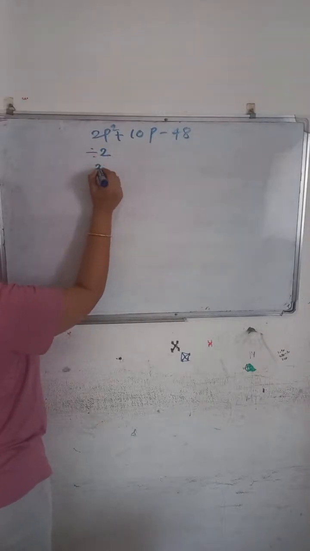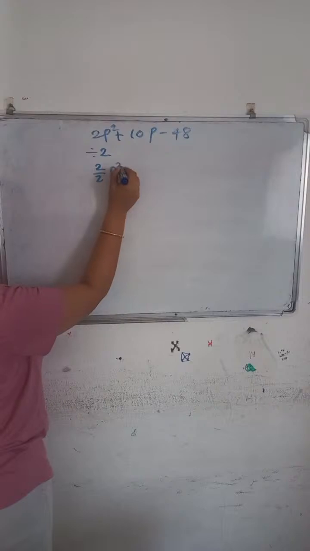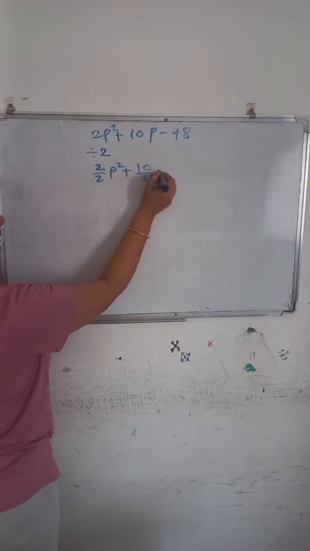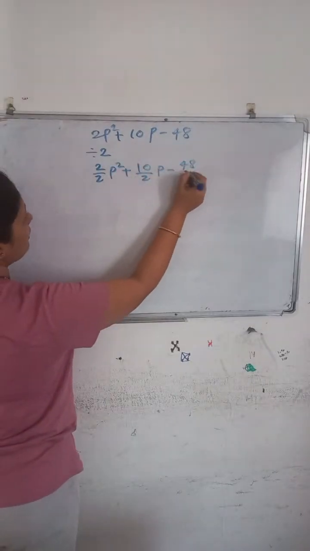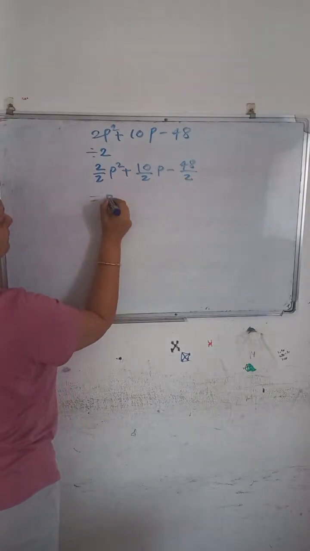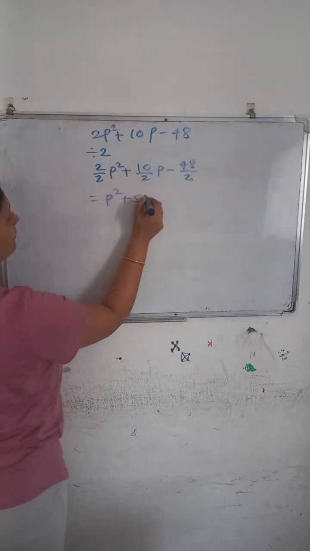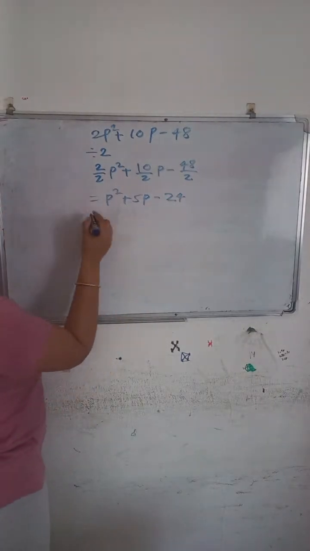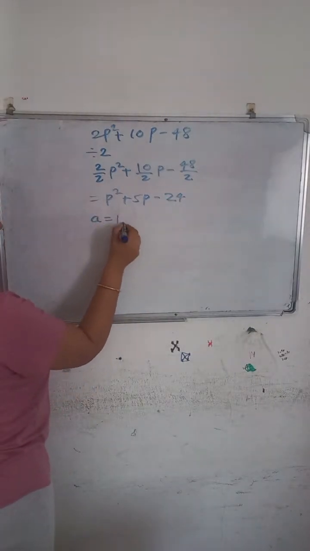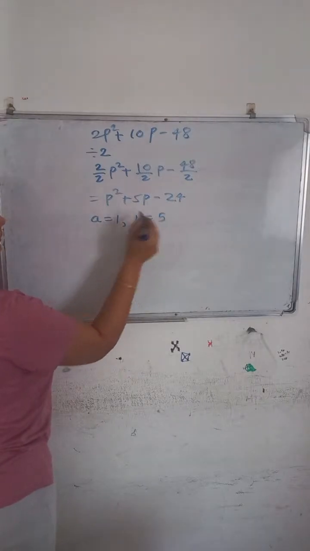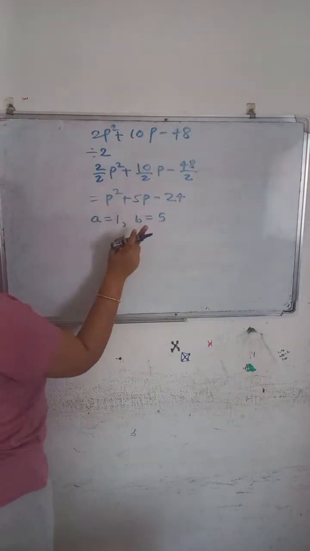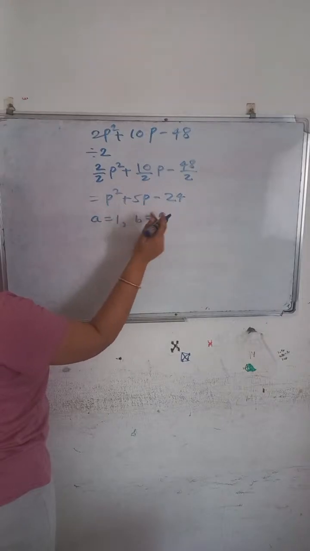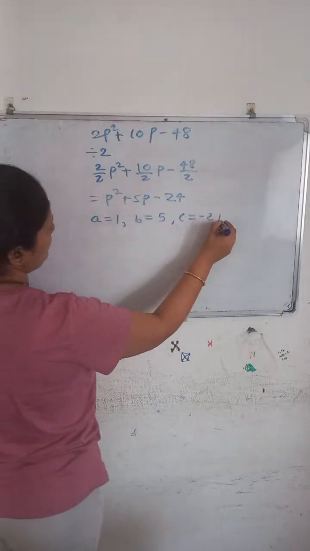So here 2 divided by 2 is p square, plus 10 divided by 2 is 5p, minus 48 divided by 2, here you will get 24. Okay, so again you will get a as 1, b as 5. A is the coefficient of x square, b is the coefficient of x, and c is the constant term.